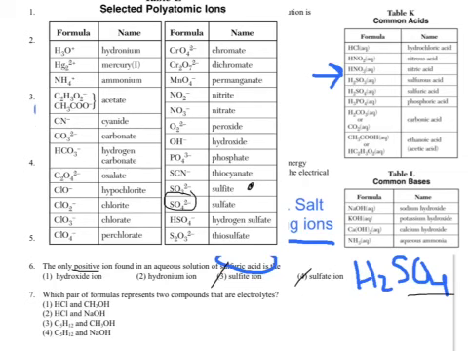Here I notice that they also have hydroxide on reference table E. Hydroxide has a charge of -1, so it cannot be the choice. So hydronium ion, found here at the very top of reference table E, is the best choice. It is the only positive ion in the list.